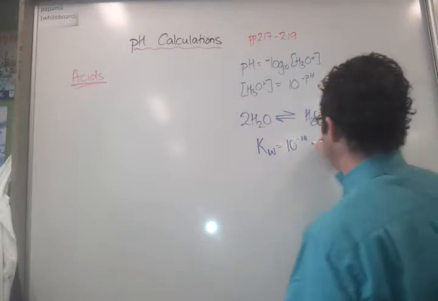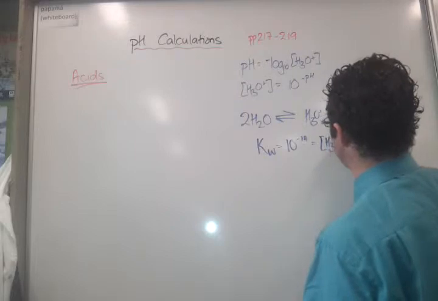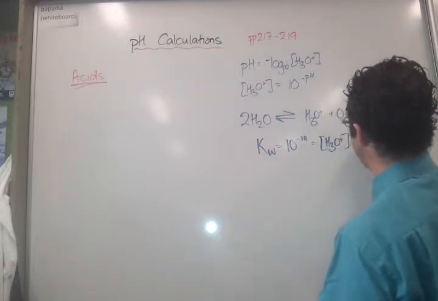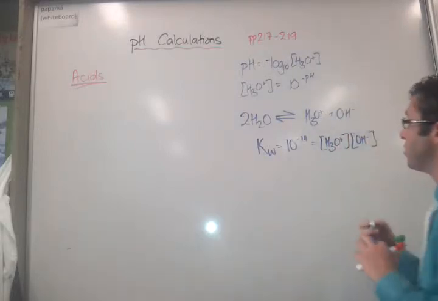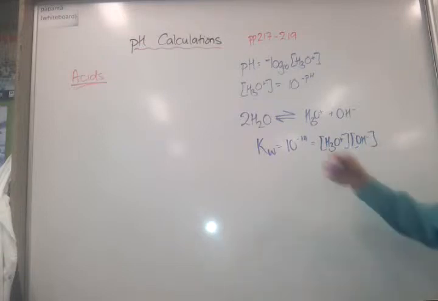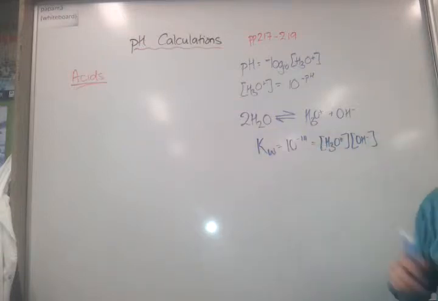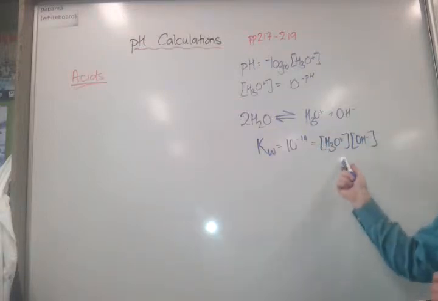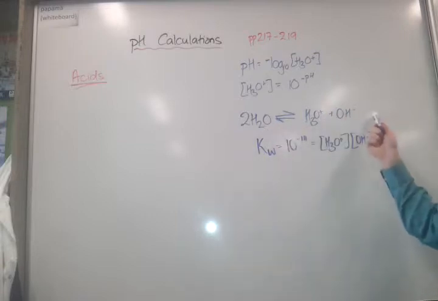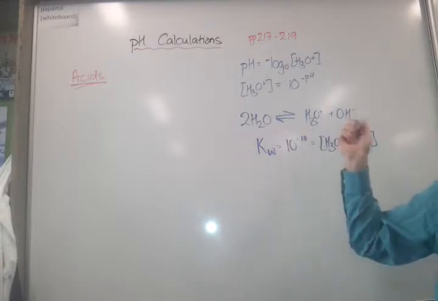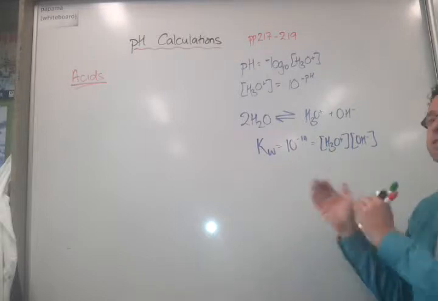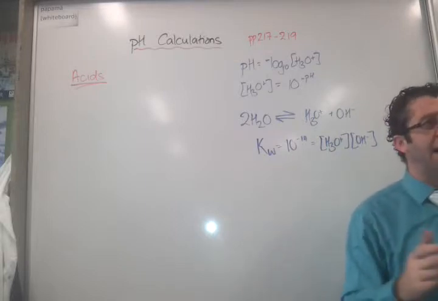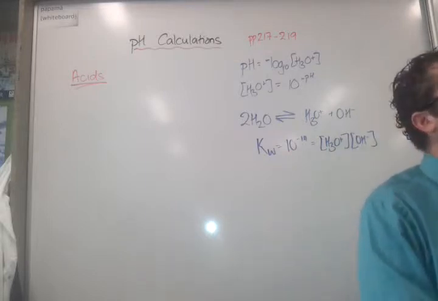This is also equal to the concentration of hydronium, or hydrogen, times the concentration of hydroxide ions. The reason that we don't put the water underneath it, divided by water squared, is that there's still water on this side as well, technically. So the amount that's dissociating, its concentration stays at roughly 55.5 moles per litre.